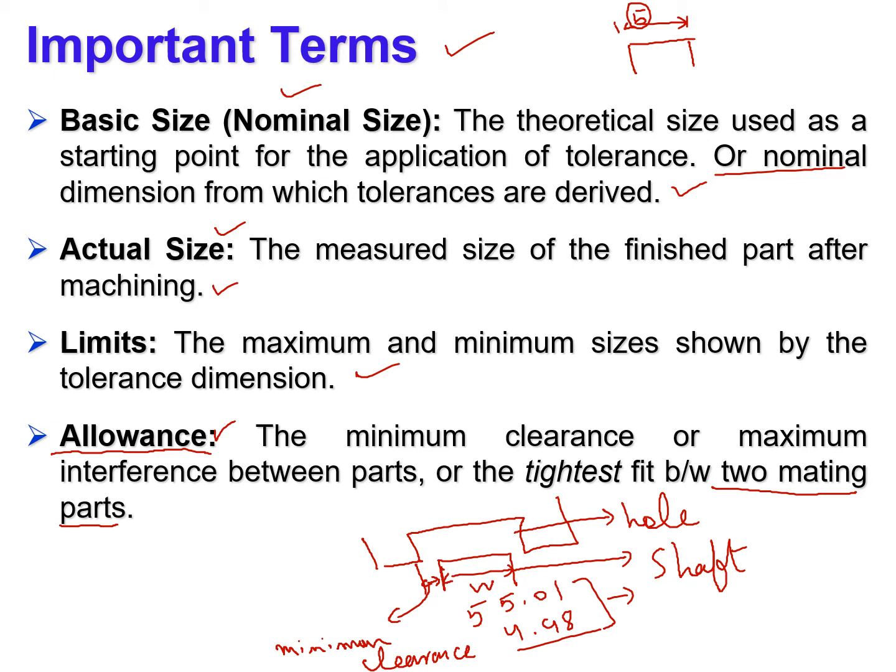It is between two parts that are going to be fitted, for example this hole and a shaft. Tolerance is for a specific single part, but if we assign tolerances to the shaft, these tolerances should be in accordance with the hole that it is being fitted into. So allowance is between two mating parts, and there can be a clearance between the two mating parts, a clear space, there can be interference between two mating parts, and there can be both.